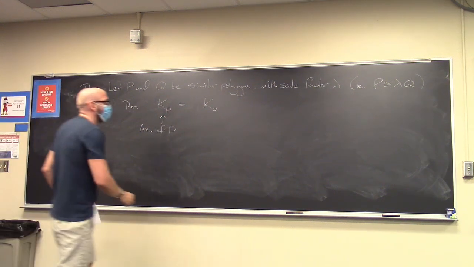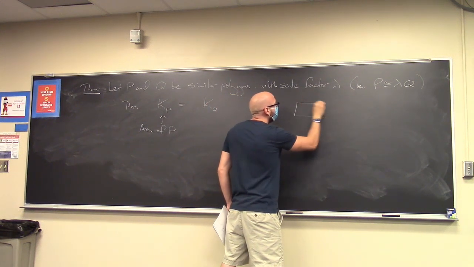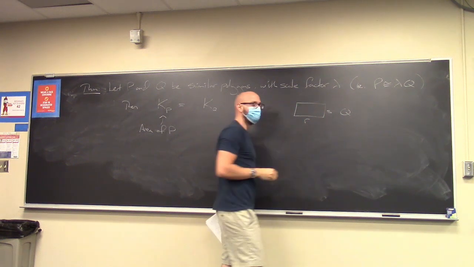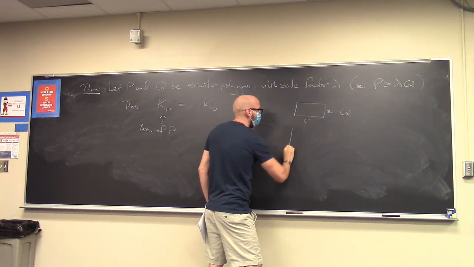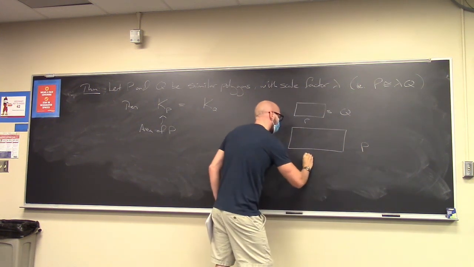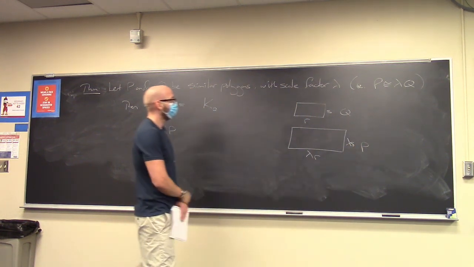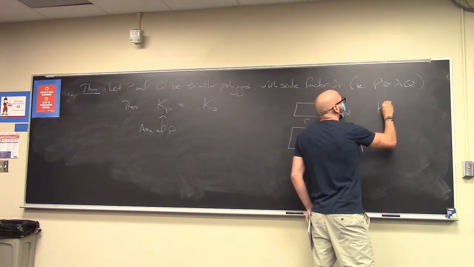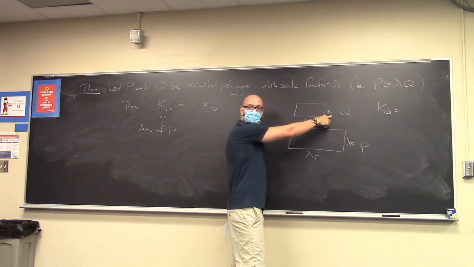Well, what if you take squares? Or not even squares, just take rectangles. So let's say this is Q, with side lengths R and S. And this is P, with side lengths lambda R, lambda S. What's the area of Q in this case? It's a rectangle, so it'd just be R times S, right?